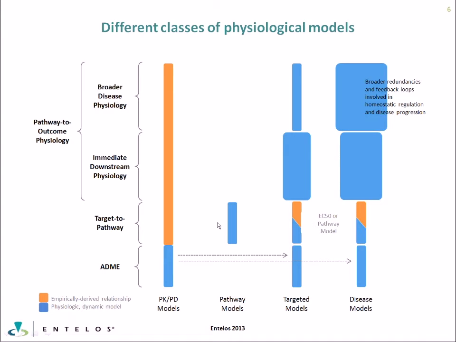Typically, the investment starts with the PK/PD groups investigating physiological pathways, then building out to targeted models, which are smaller in size but able to answer some physiology-related questions. Larger models can answer more complex questions, and they capture a more complete landscape of disease pathophysiology, which is likely to be multifactorial and multi-tissue by nature.